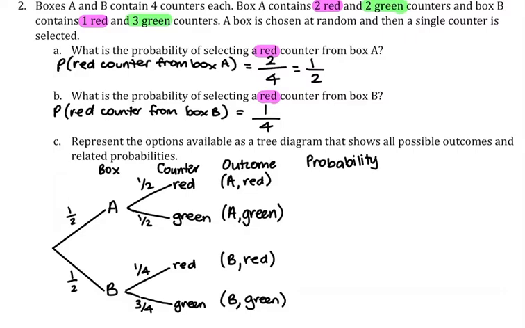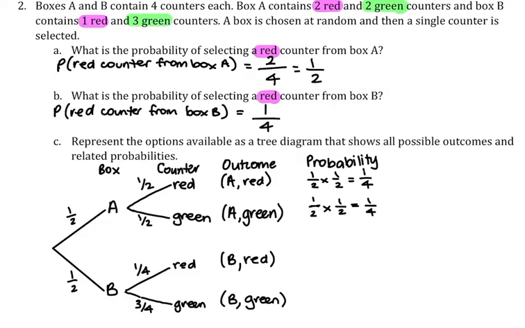We then need to calculate the probability of this. So we need to multiply our branches together. So for our outcome A red, we need to multiply our box branch and our counter branch. So we need to go 1/2 times 1/2, which is equal to 1 over 4. So our probability of getting a red from box A is 1/4. Then for our outcome A green, we need to multiply 1/2 by 1/2 again, which also equals 1/4.